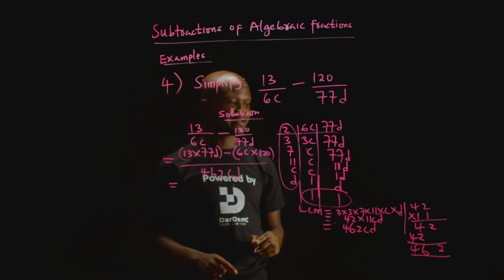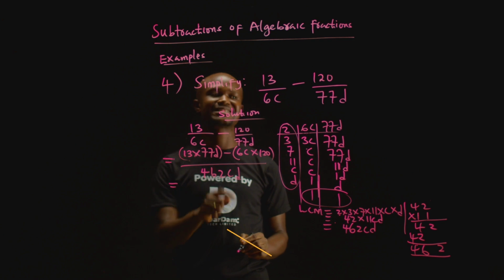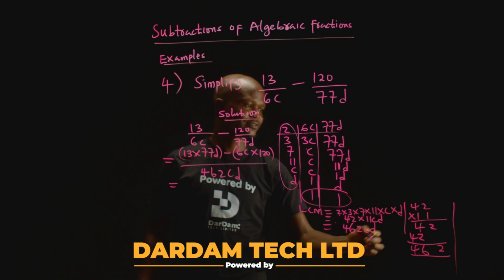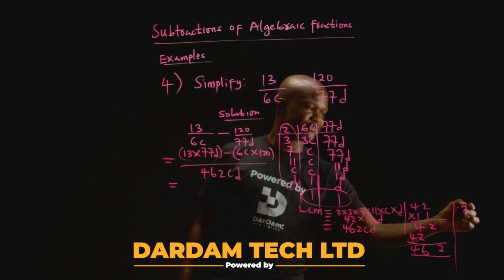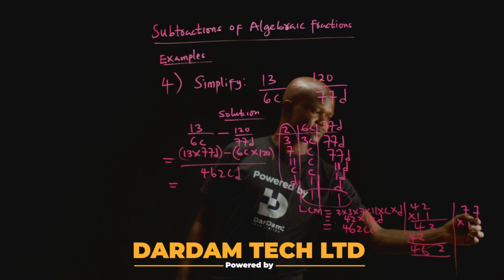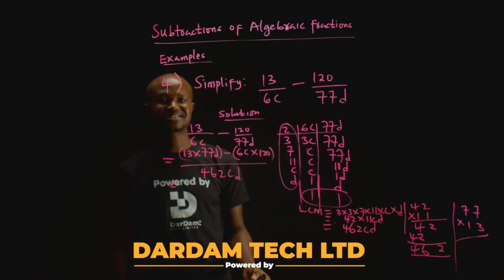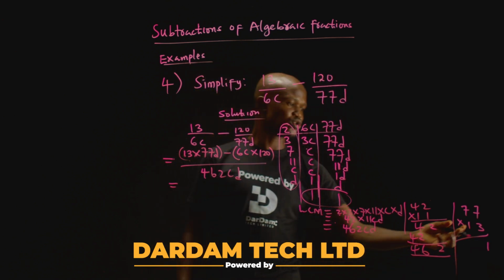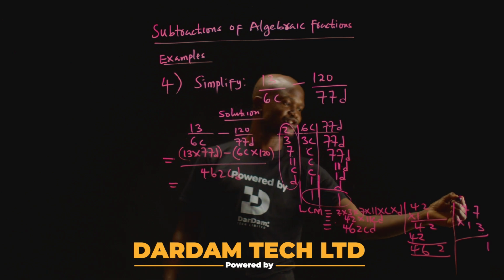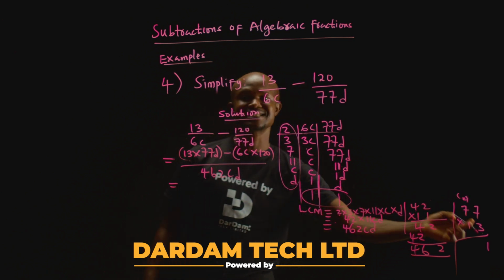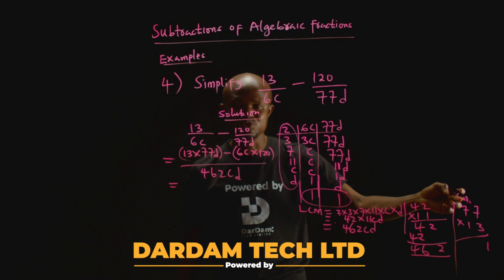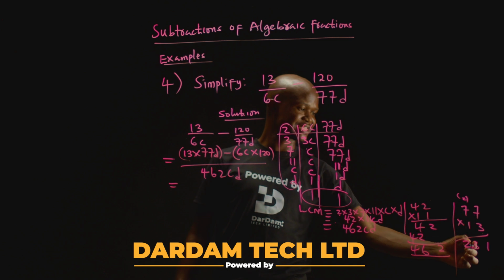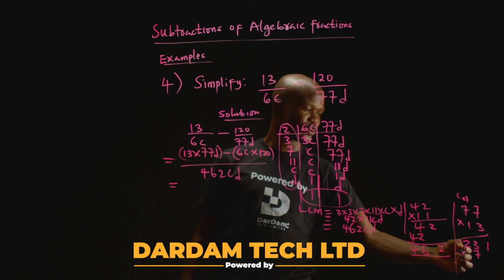Now, we look at 13 times 77. What are we going to have? 77 times 13. 3 times 7, we have 21. So we carry 2, don't forget. Then 3 times 7, we also have 21, plus these 2, we have 23. Now, we use 1. 1 times 7, we have 7. Then 1 times 7, we also have 7.